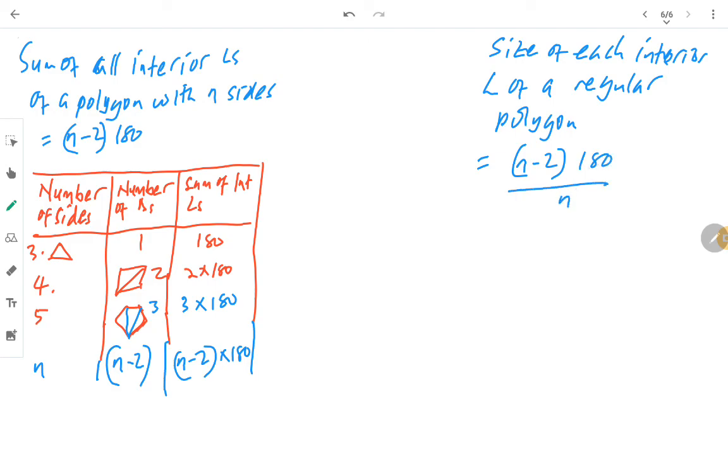Because if all sides are equal, if it's a triangle, we say that it's 180 divided by 3, which is 60.